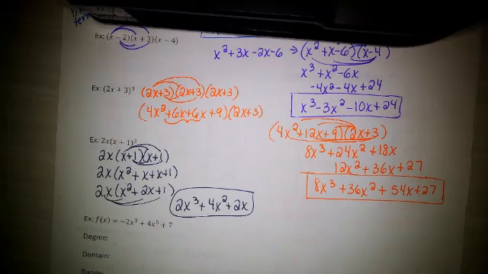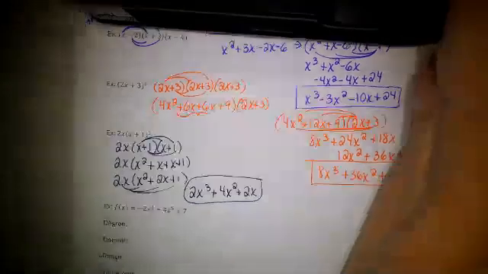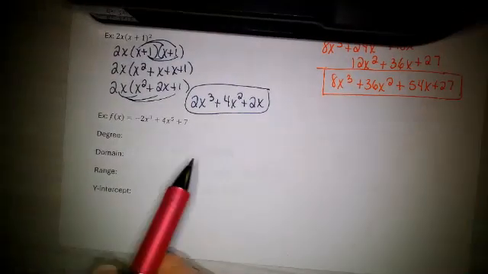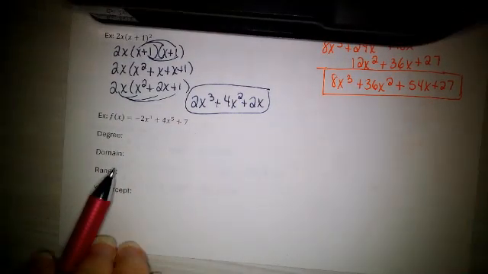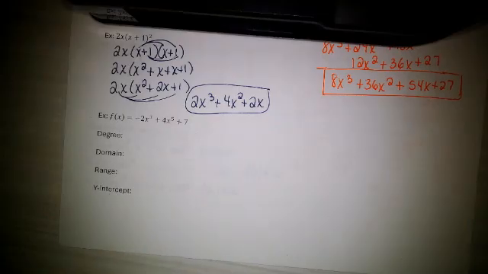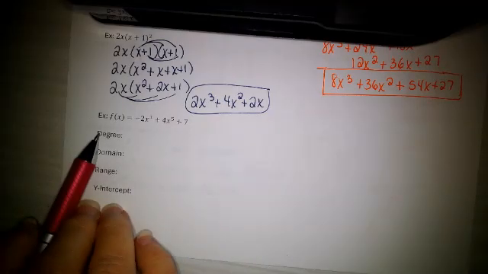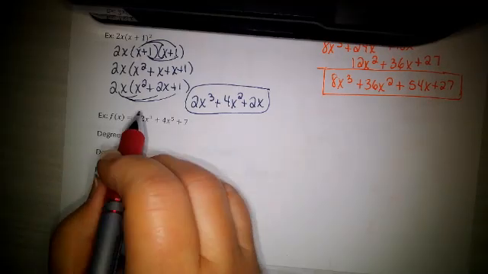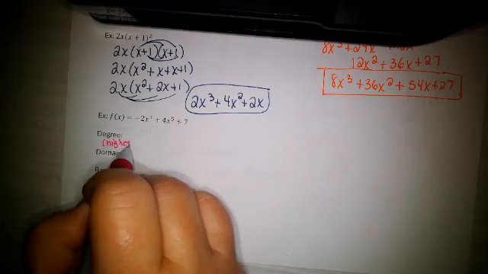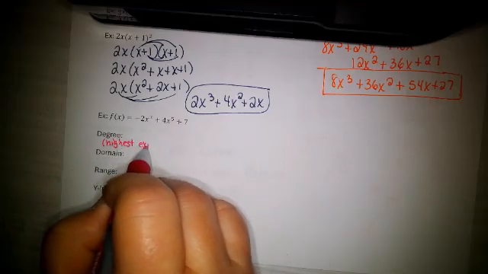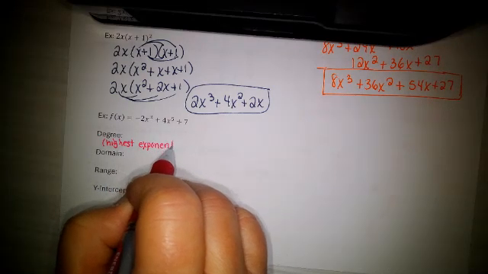Now let's answer one more question on this page and we'll be done. So they've given us an equation, and they want us to tell the degree, the domain, the range, and the y-intercept. So first of all, the degree. The degree, remember, is the highest exponent. Now, they might not be in the right order, so be careful.